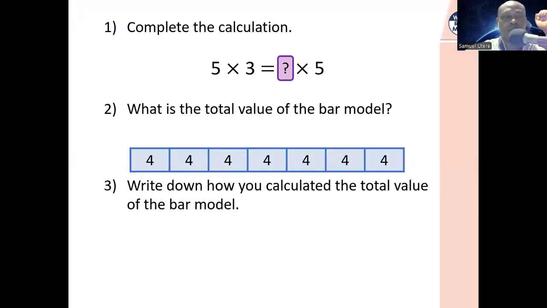I'll give you 4 minutes to get this done.